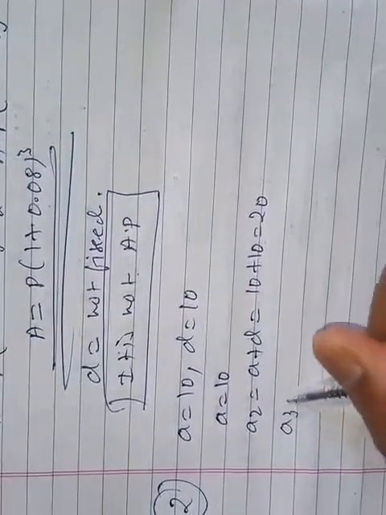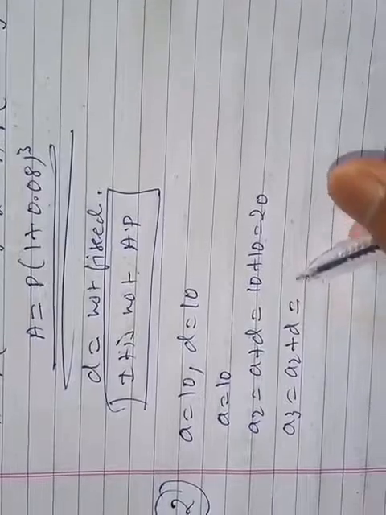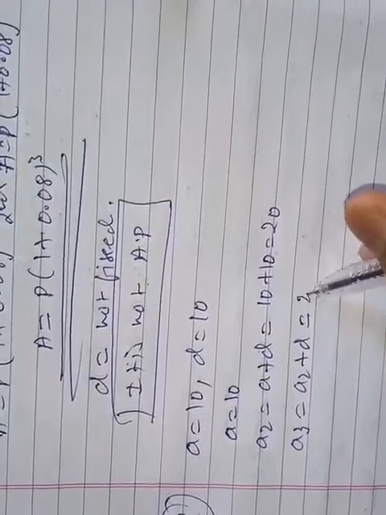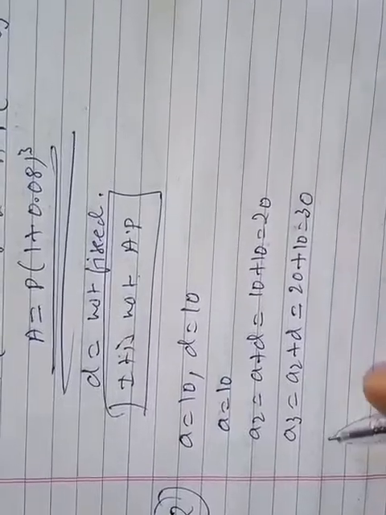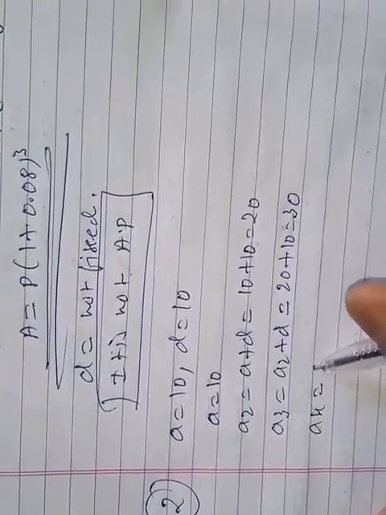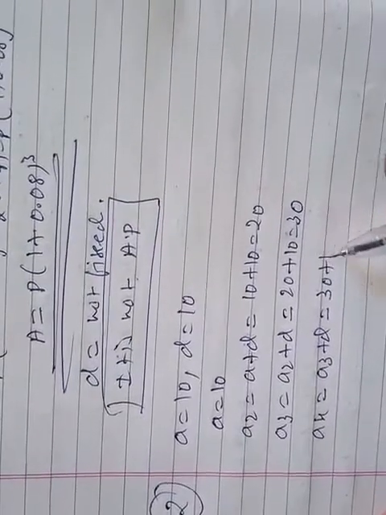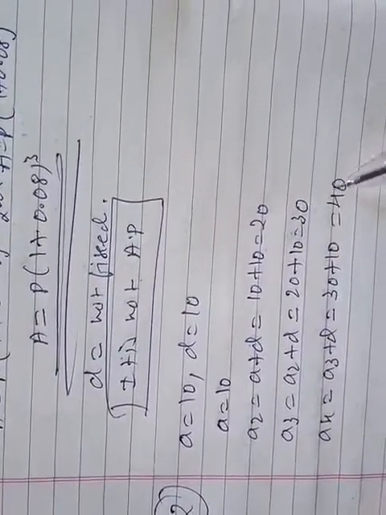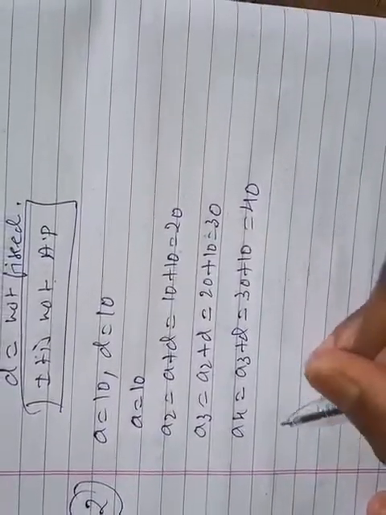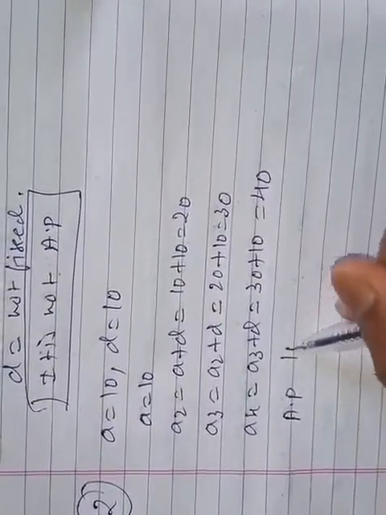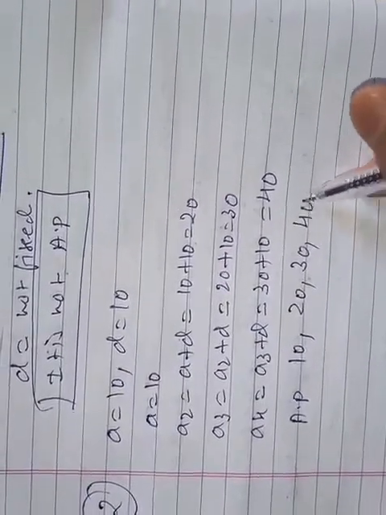Then A3 will be A2 plus D, it will be 20 plus 10, it will be 30. And A4 will be A3 plus D, it will be 30 plus 10 is equal to 40. So you got your terms of the AP series as 10, 20, 30, 40.